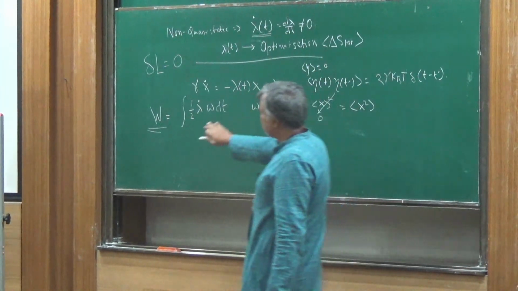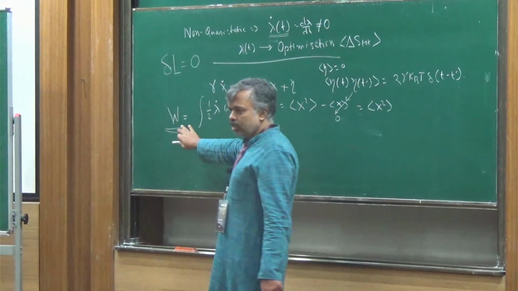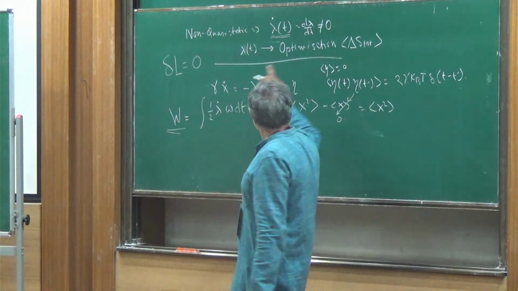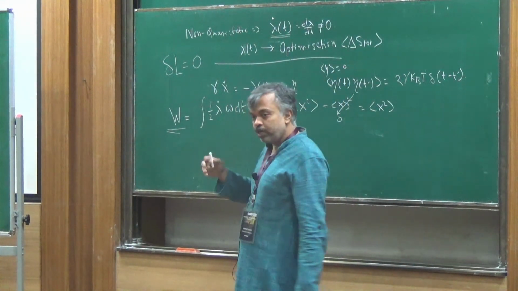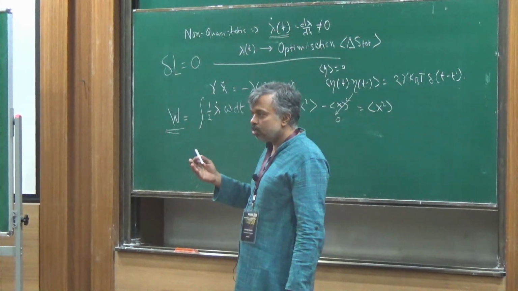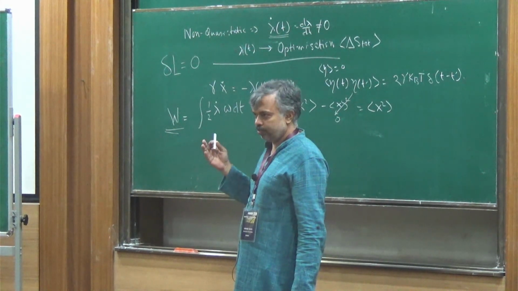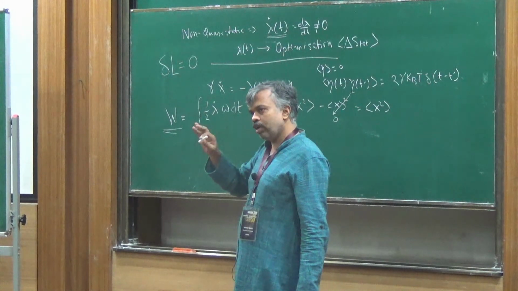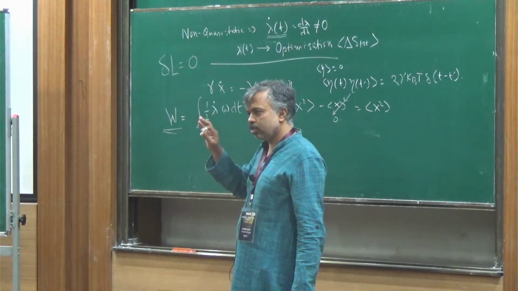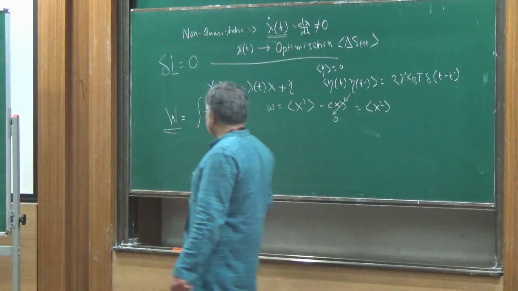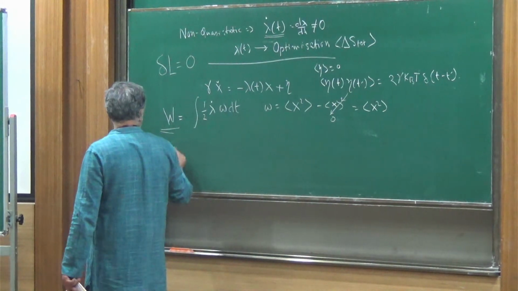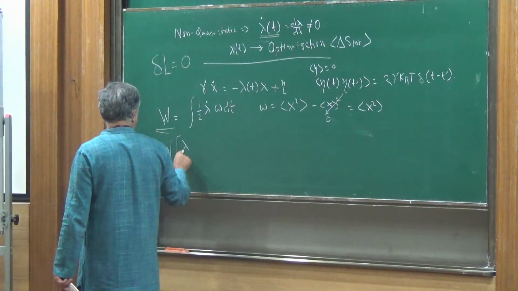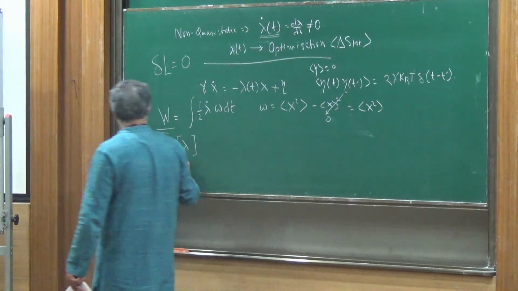So from here, we have to write delta S total, but it should be a functional of lambda. Everyone is clear about what a functional is, right? So this should be a functional of lambda.